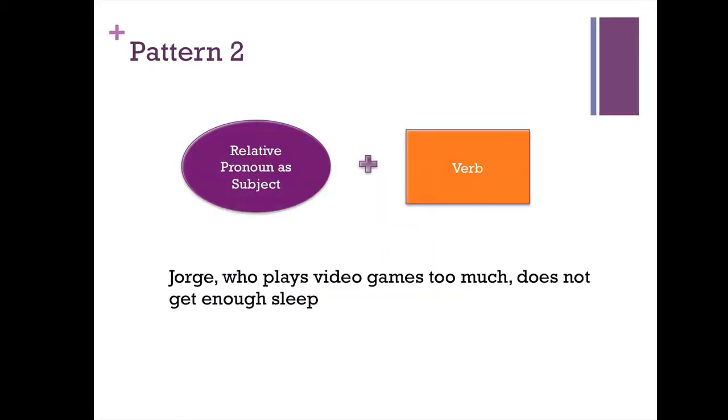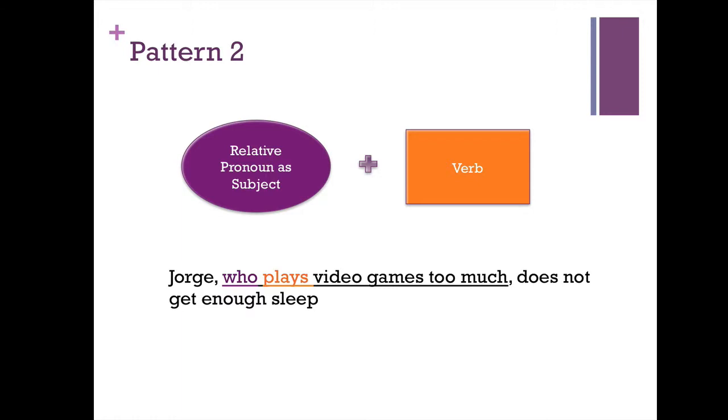Okay, let's look at pattern 2 now. In pattern 2, we said the relative pronoun acts as the subject of the clause and is then followed by the verb. So here we have a sentence: Jorge, who plays video games too much, does not get enough sleep. First of all, here's our relative clause. Who plays video games too much?